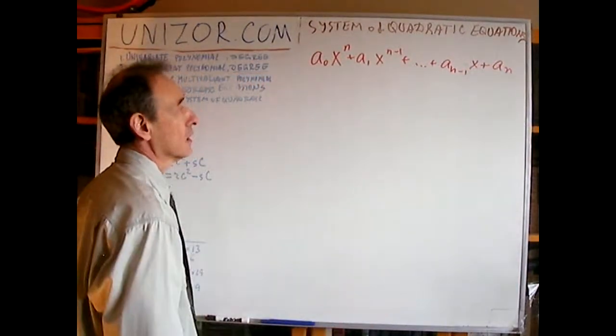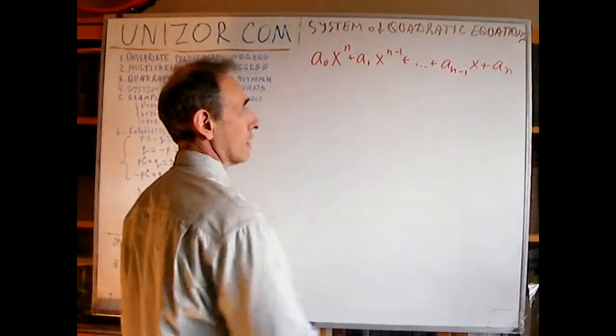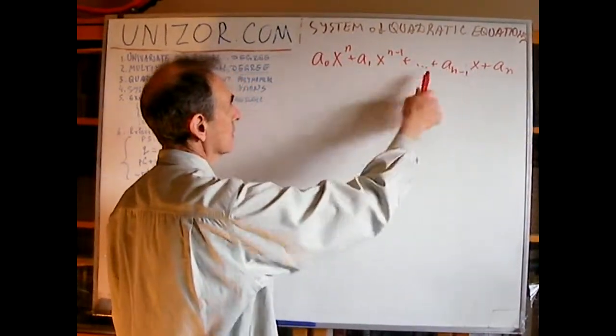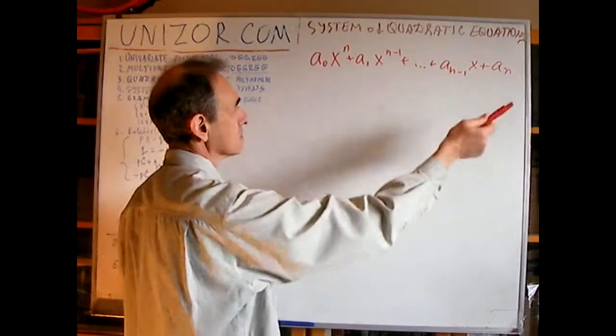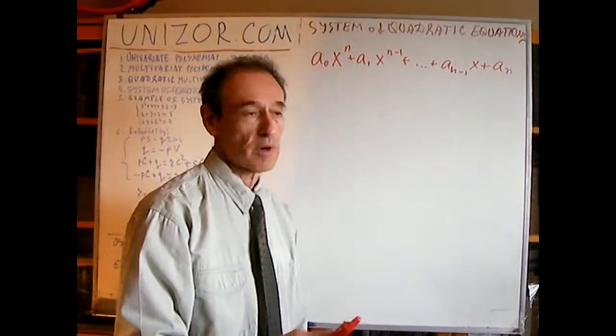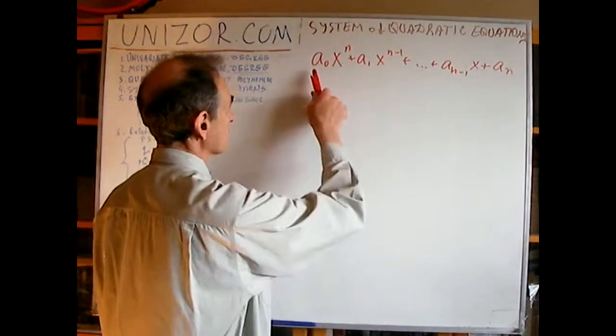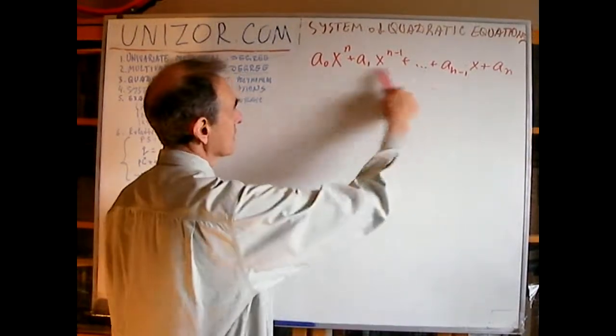It's a function of one variable, which is x, in certain powers multiplied by certain constants, usually real numbers. Well, sometimes complex, but that's very rare. So it's usually real numbers, and then summed together.